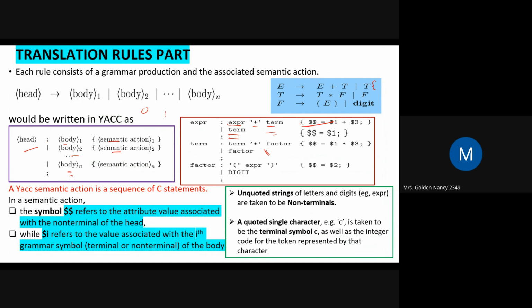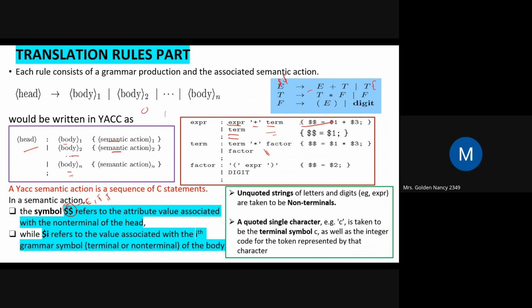Here the semantic action $$ refers to the attribute value associated with the non-terminal of the head. So $$ represents the non-terminal values like E, T, and F, and $i refers to the value associated with the ith grammar symbol. This $$ represents the left hand side, remember that.